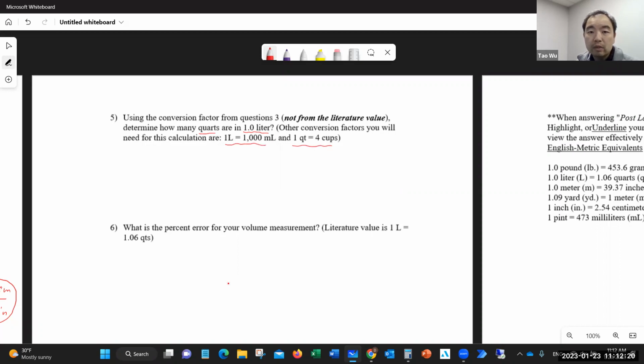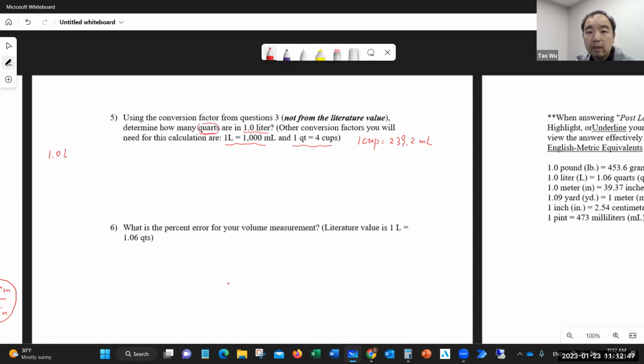The last one is what you just measured. I measured 1 cup is equal to 239.2 milliliter, and this is what I have. So now the point is, how can we convert 1.0 liter to quart? That's going to be complicated.